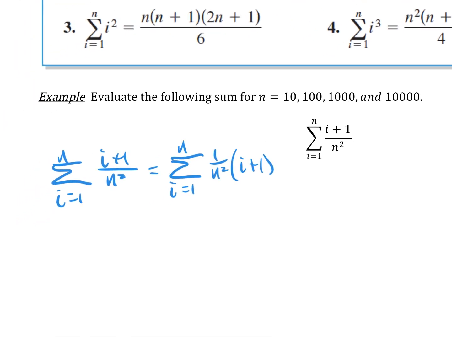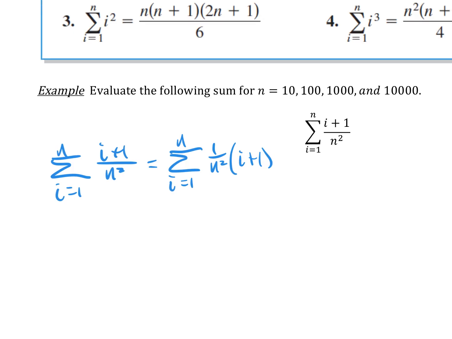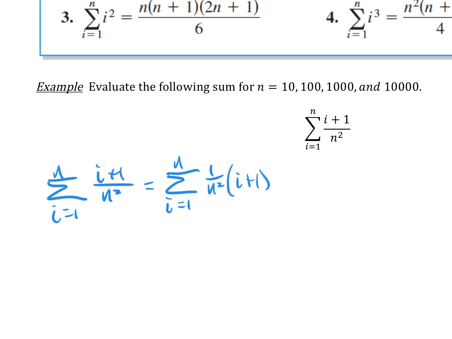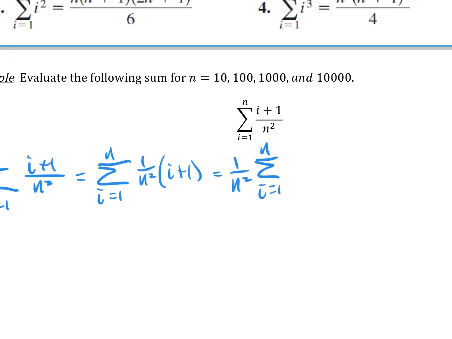I know n looks like a variable because it's a letter, but it's not the variable i. It's not part of the counter, so it's not changing in this expression. So we're going to pull that out, and we get 1 over n squared times the sum from i equals 1 to n of (i plus 1).